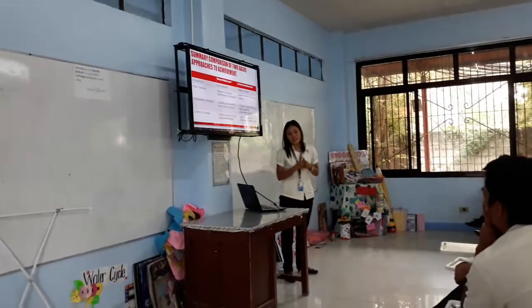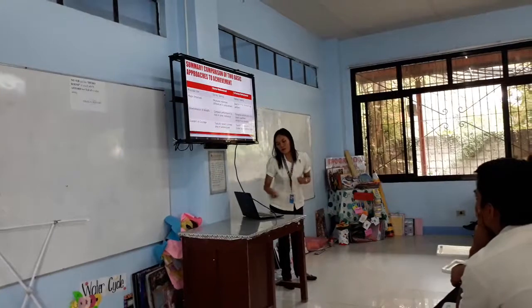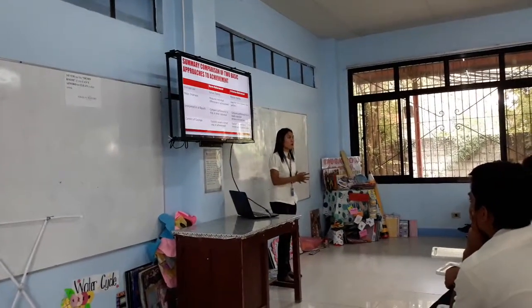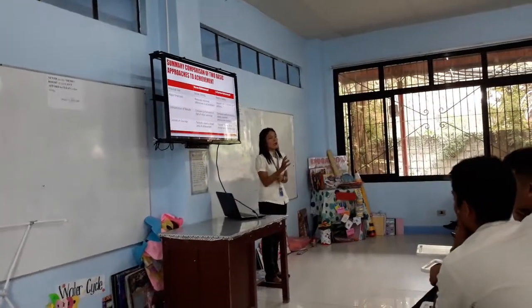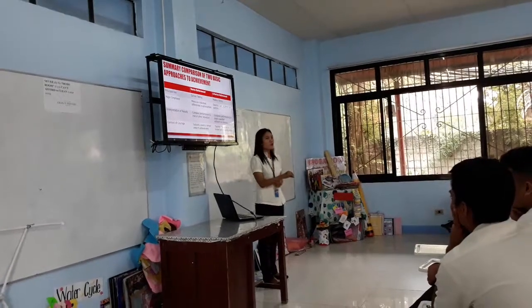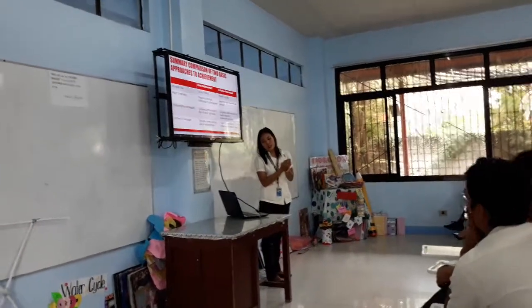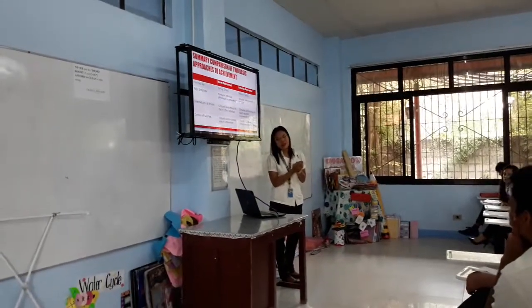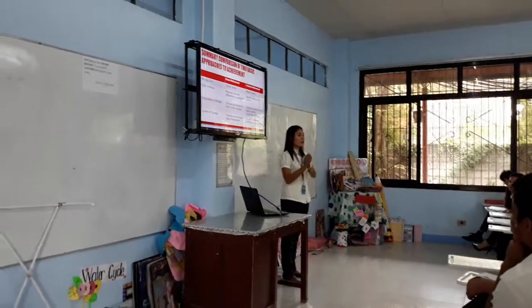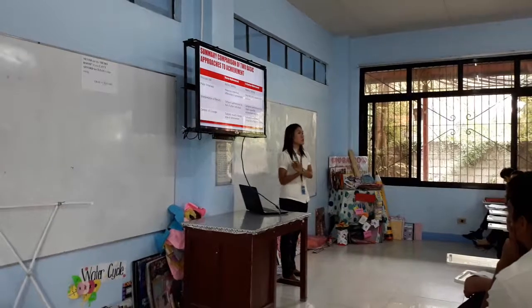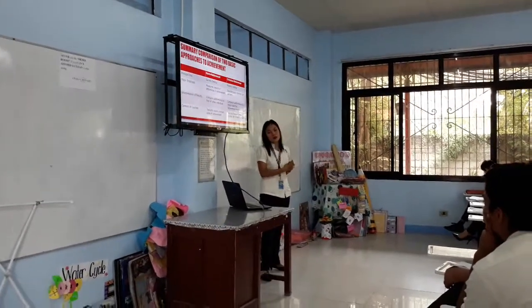Next, major emphasis measures individual differences in achievement. So since you are comparing, of course, you are also getting into the individual differences of the students. While in criterion reference, it describes tasks students can perform in general. Okay, whether the students can perform the task well or not.